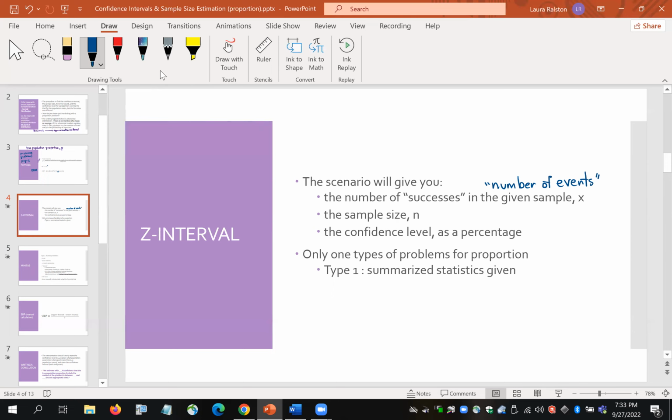The sample size is given as N. Minitab calls that the number of trials. And then, of course, you have your confidence level. And those are the only 3 things that I need to work the problem. Typically with these type problems, we only deal with summarized statistics. We don't usually have the raw data. We could, but we don't usually.